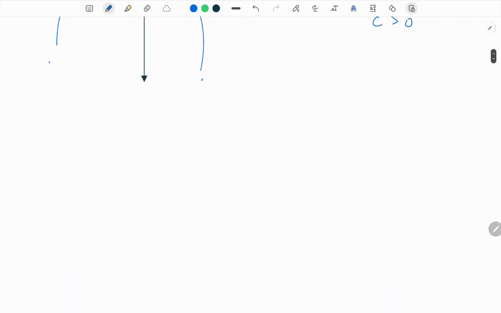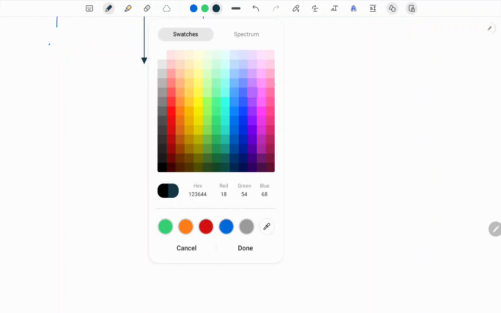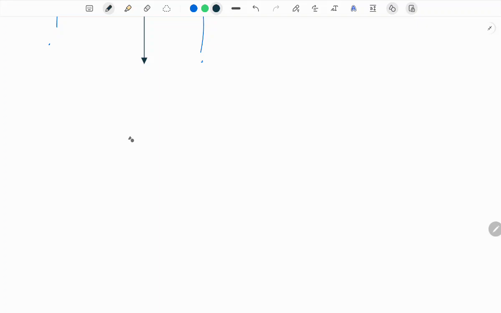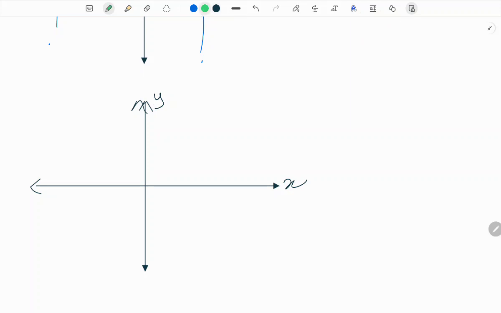So where were we? Now how does the graph of a common root look like? We'll see that too now. So let me draw the axes. This is our x-axis, this is the y-axis, and let us draw the graph. If a is greater than 0 and c is greater than 0, then the graph would go somewhat like this.